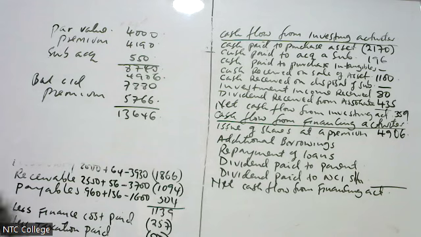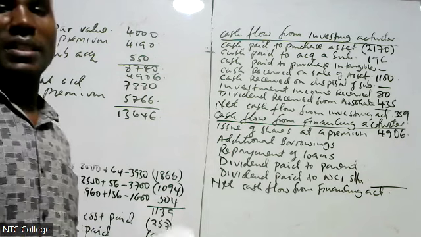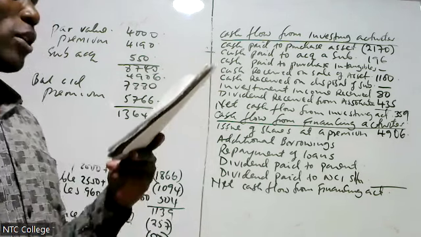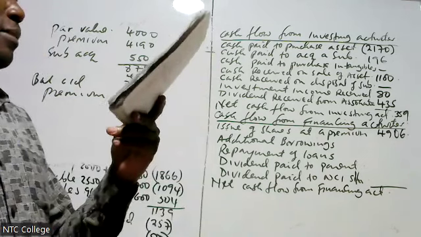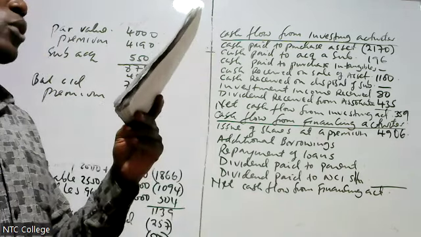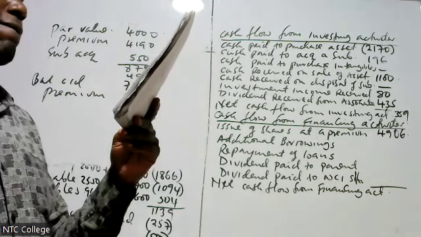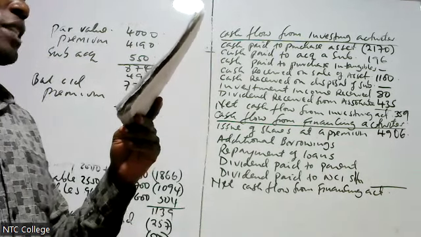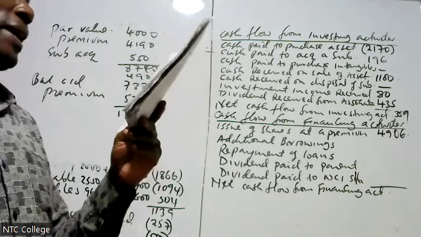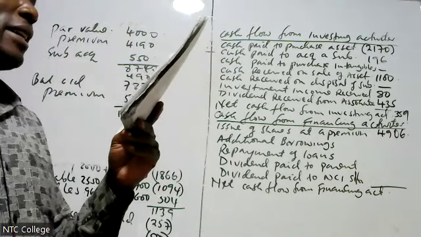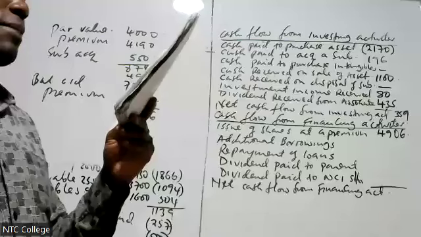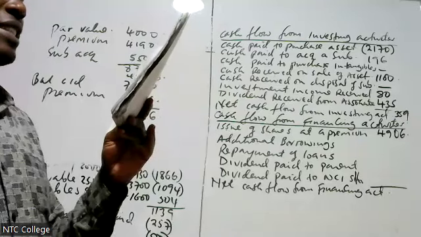Additional borrowings, we check on loans. But when we go to loans, examiner told us that that is not number 8. There had been an issue of debentures on 1st August 2017.